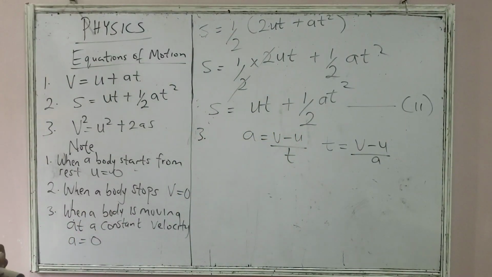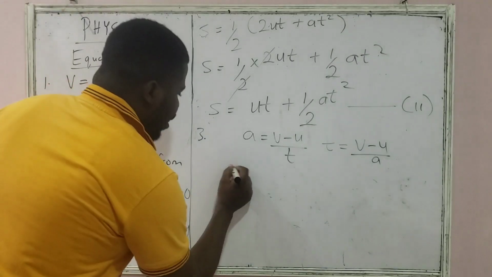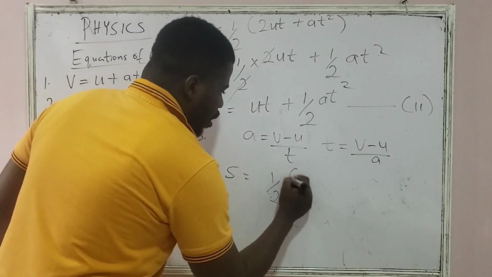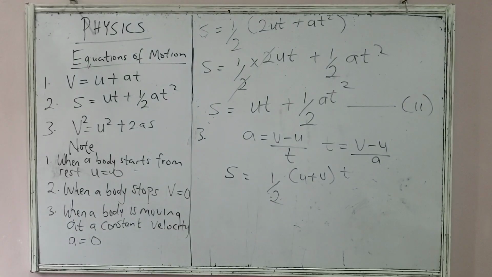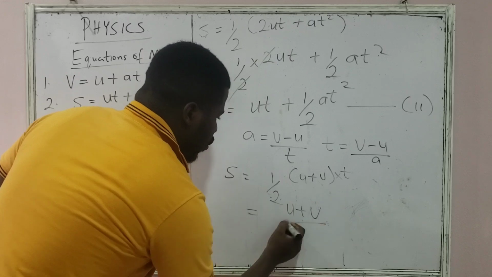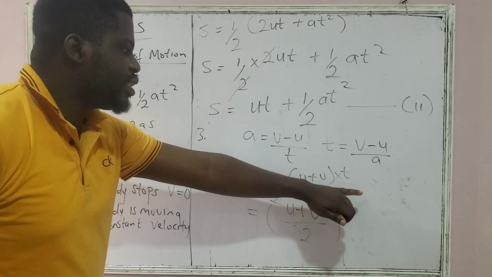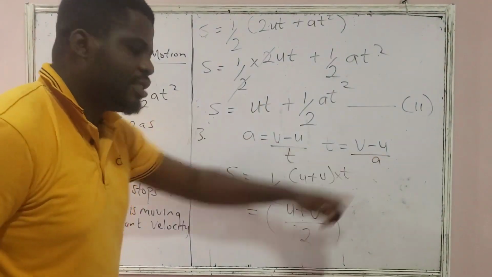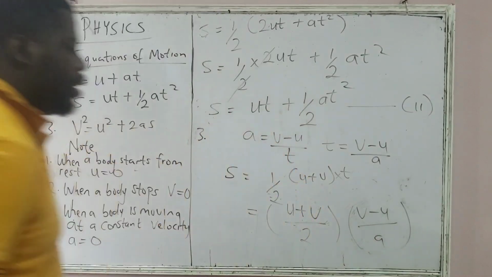Then we are going to use the formula for the distance covered that we used in equation 2, that is S = ½(U + V) times T, which we can also write as (U + V)/2 times T. Wherever we see T, we slot in (V − U)/A.